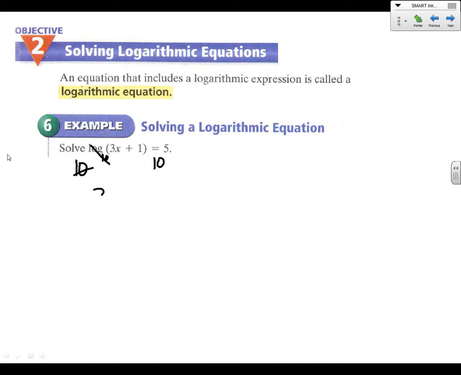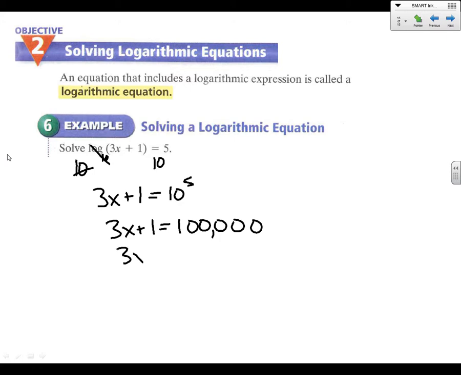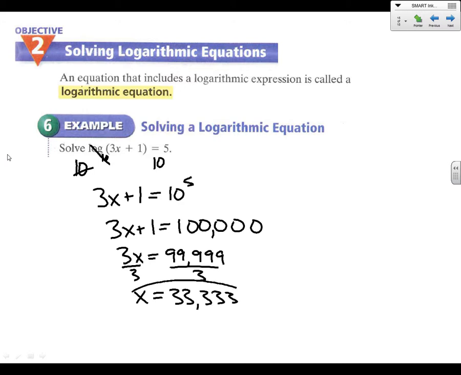These will cancel, and you've got 3x plus 1 equals 10 to the 5th. 3x plus 1 equals, that's a 1 with 5 zeros, 100,000. So we'll minus 1, which is 99,999. And we'll divide by 3, which, look at that, that's going to come out as 33,333. Nice round numbers on that one.